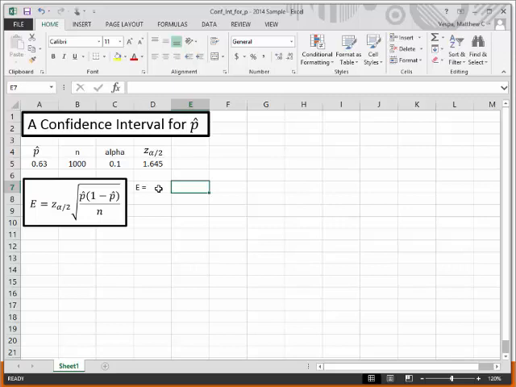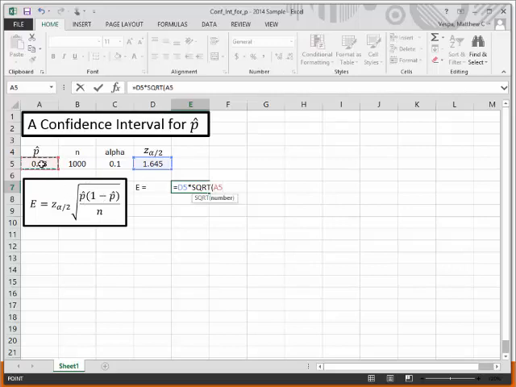So all I say is equals, and then I start calculating. So I want to do z alpha over 2, and don't type these values in again, just click the cells that have their values. Z alpha over 2 times the square root of p hat times 1 minus p hat, divided by n, and then I close up my square root.